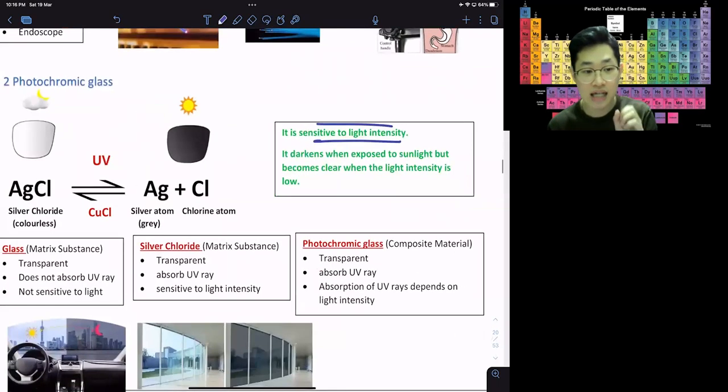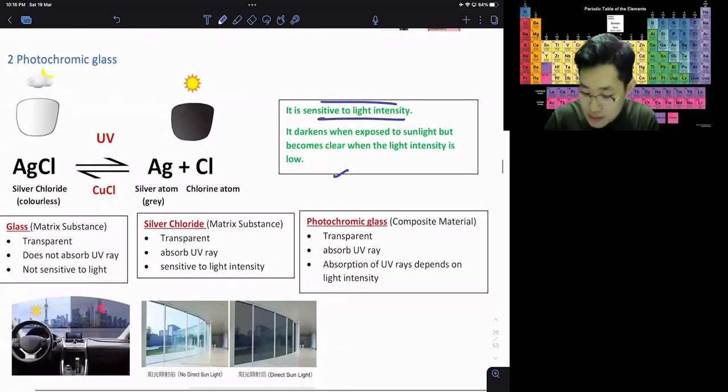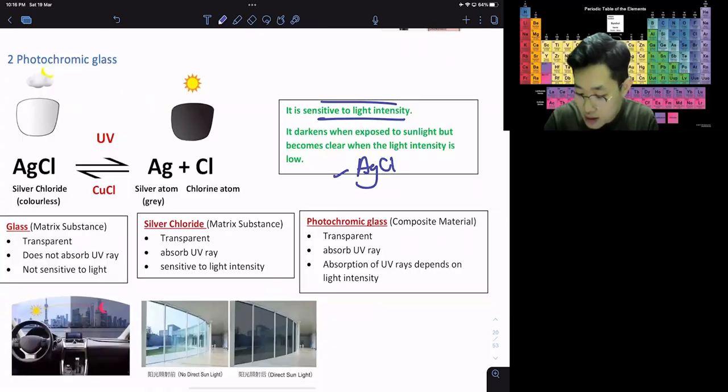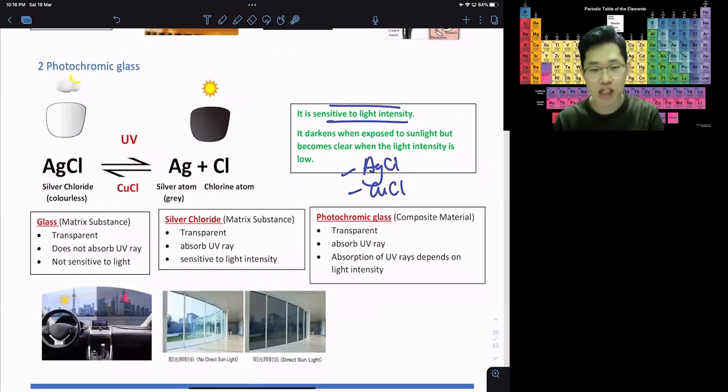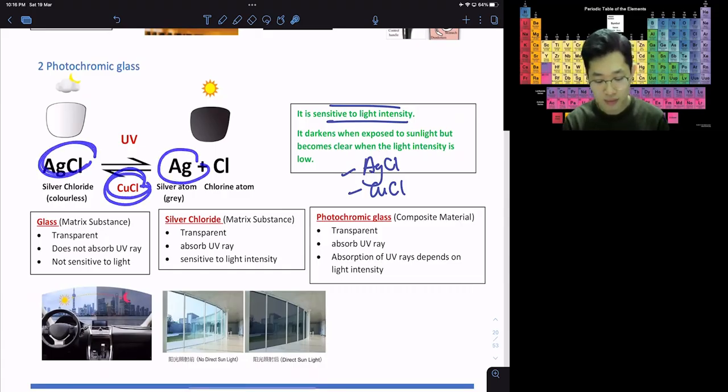Why is it sensitive to light intensity? Because it has AgCl and also CuCl, silver and copper chloride inside. Sometimes they will change, maybe silver bromide also can. Okay, now these two things.